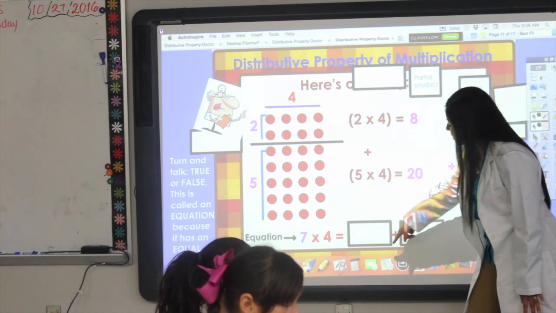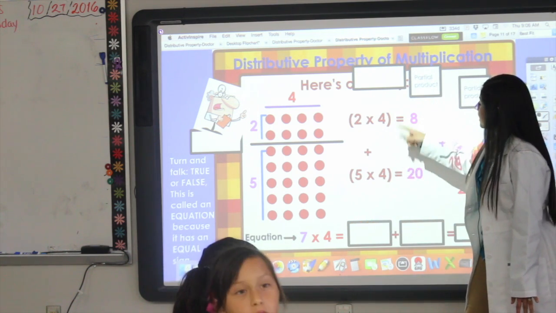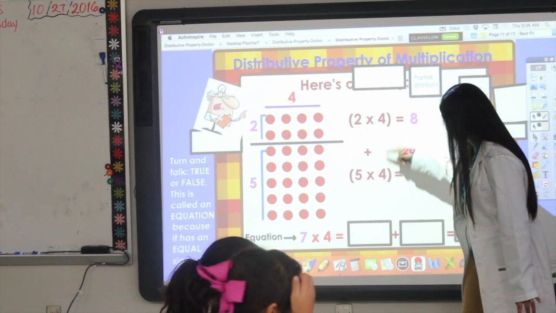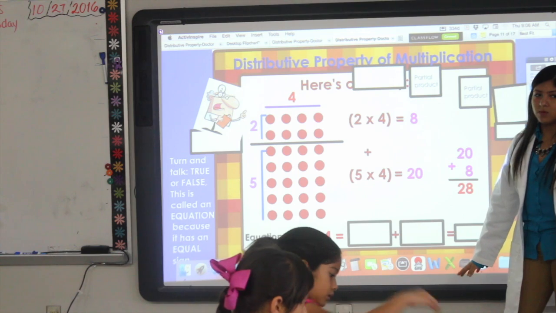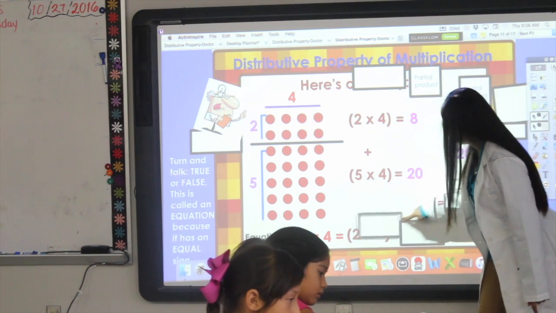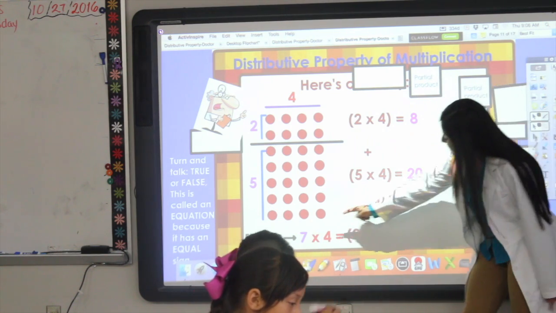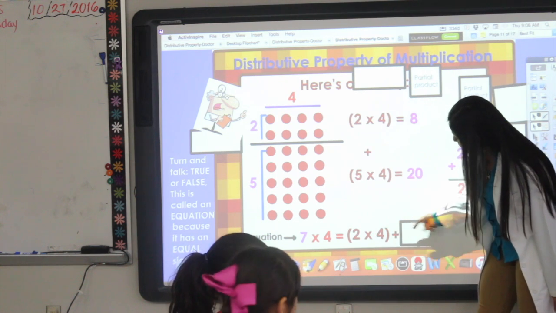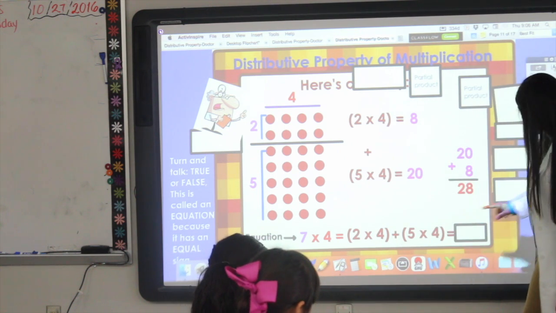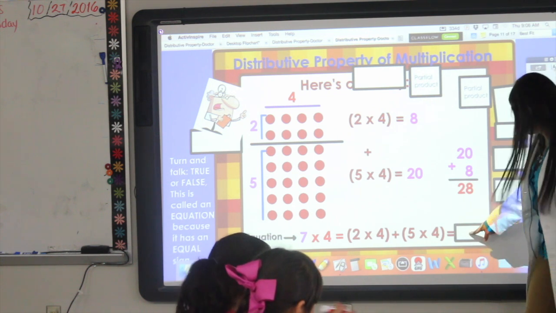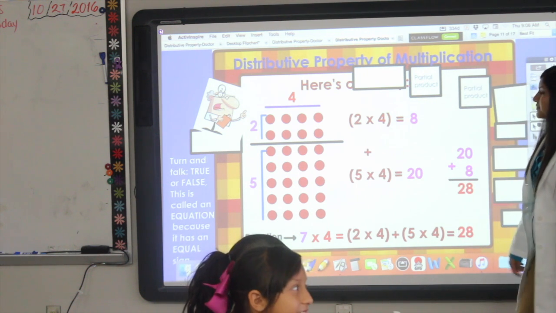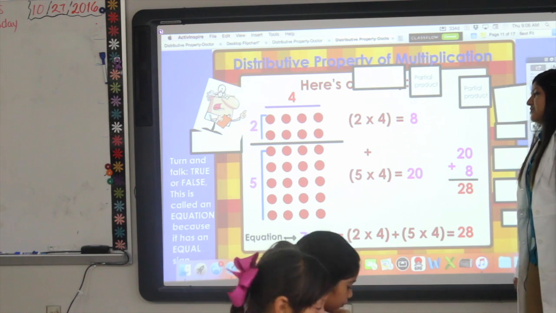So in your equation, we didn't do anything different. These two and this one are the same. They're equal. So 7 times 4 equals 2 times 4 plus 5 times 4, which equals what? 28.